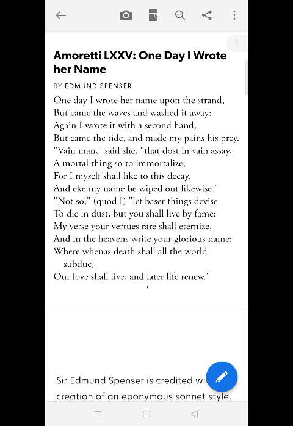So here his prime focus was on love, the love which is not based on physicality but on the spiritual aspect of their love.